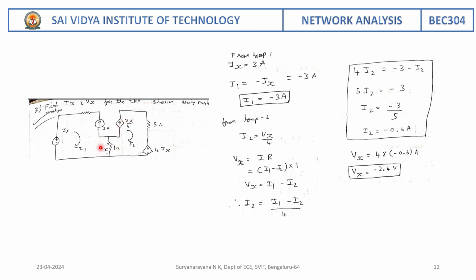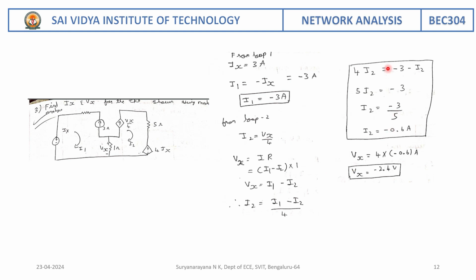But what is Vx here? It is the voltage across this 1 ohm resistance, which is nothing but the product of resistance and current. Two currents are flowing in opposite directions, I1 and I2. Therefore, Vx is equal to (I1 minus I2) into 1 ohm. On simplifying, we get the expression for the second mesh: I2 is equal to (I1 minus I2) by 4.